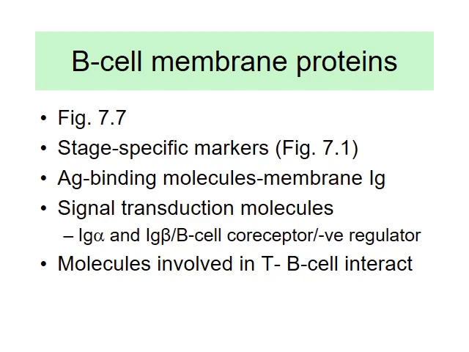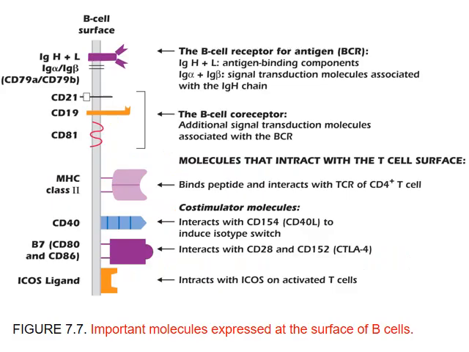Now, let's talk about what those signals are and how we manipulate them. But before we manipulate them, we need to know what they are and what their functions are, before we go and mess with these signals. Now, if you pay attention to this slide, these are some of the important molecules expressed at the surface of B cells.